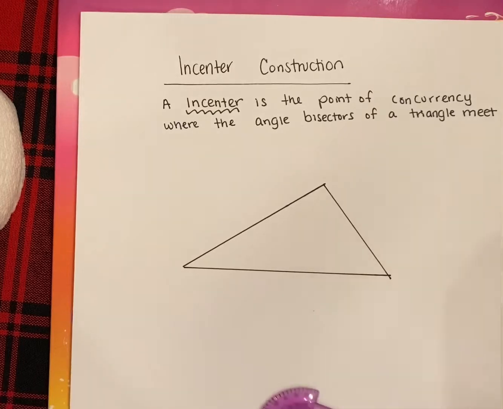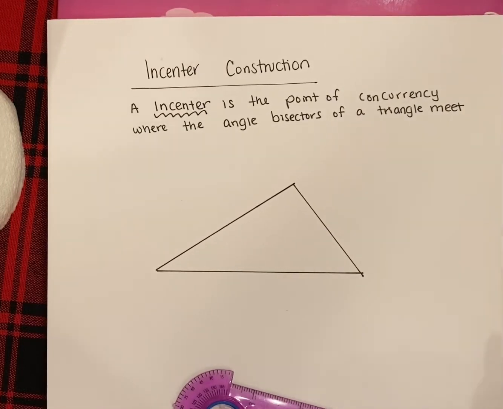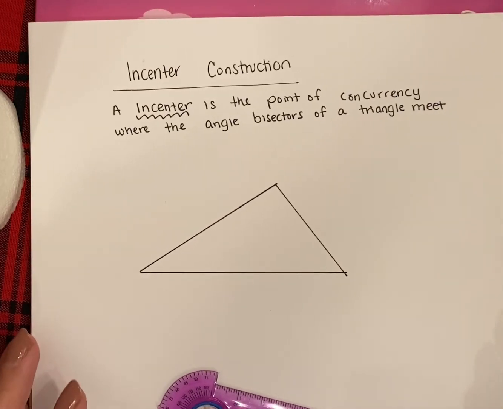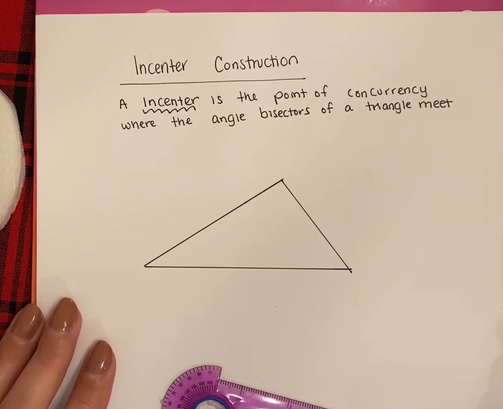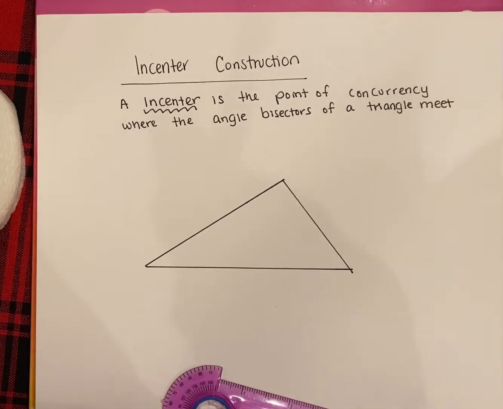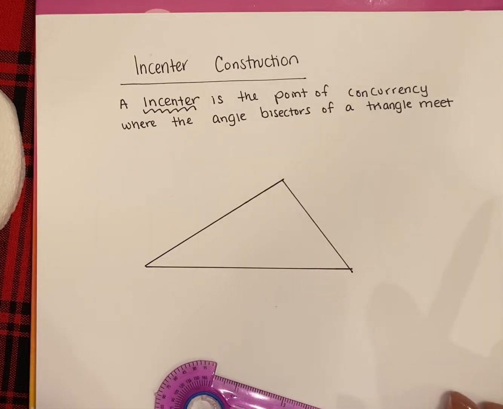Okay, and then we have to construct angle bisectors. Hopefully you remember how to do these two simple constructions to help you with the incenter and the circumcenter. So I'm going to start by finding the angle bisector.